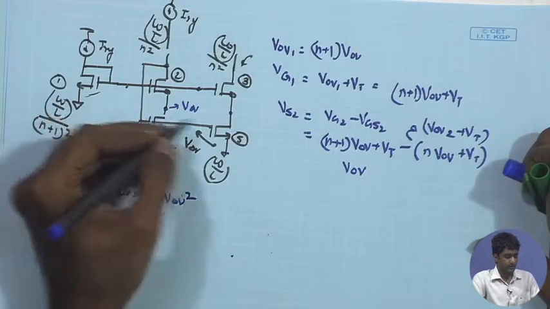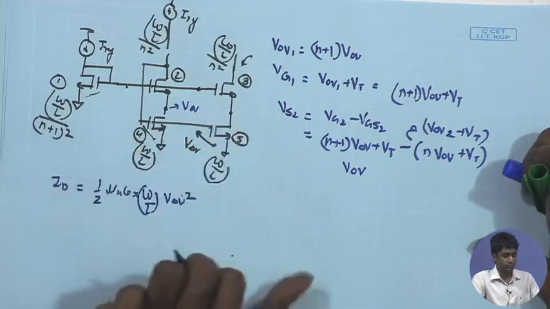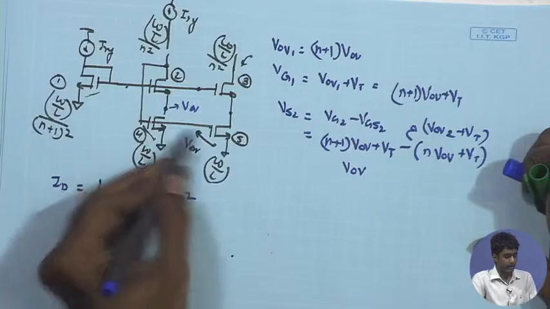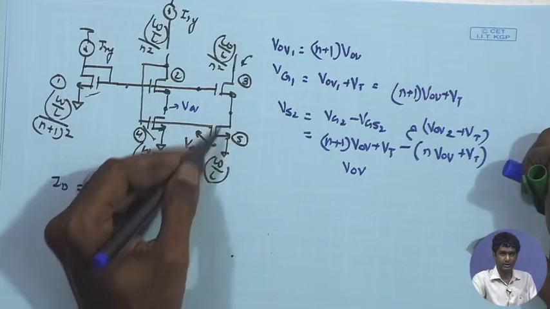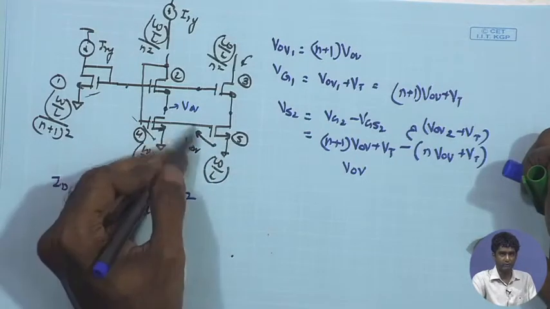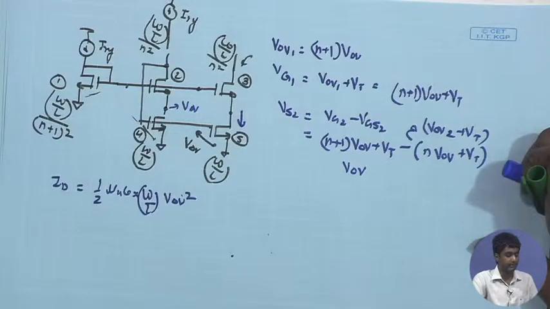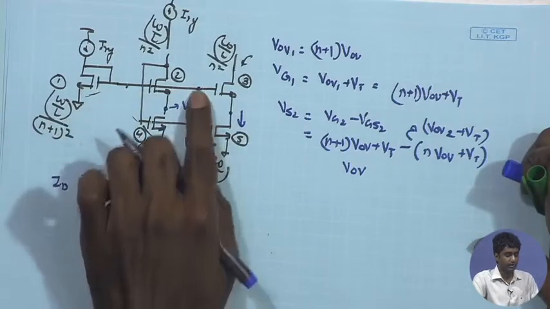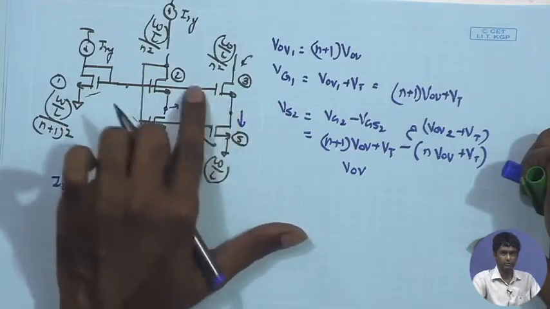And if I now look at the gate potential of M3 and the source potential of M3, M4 and M5 are having the same gate potentials, therefore, it will try to enforce the same current in M5. VGS of M4 and VGS of M5 is the same. The gate potential of M3 is the same as the gate potential of M2, and therefore, it will try to enforce a similar VGS.